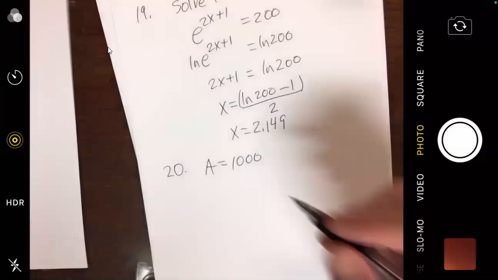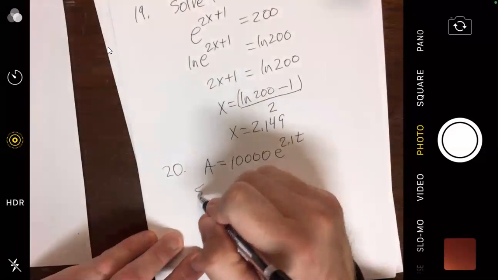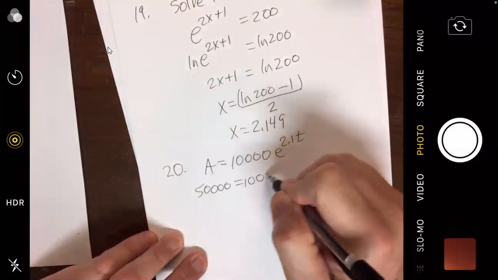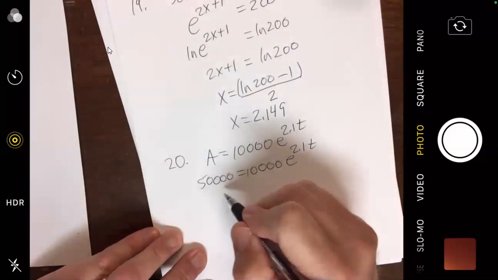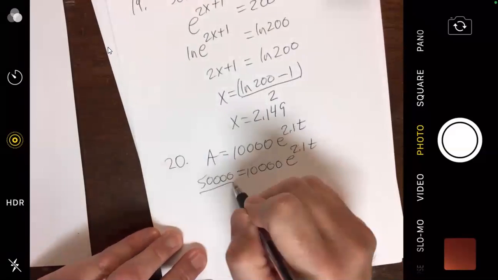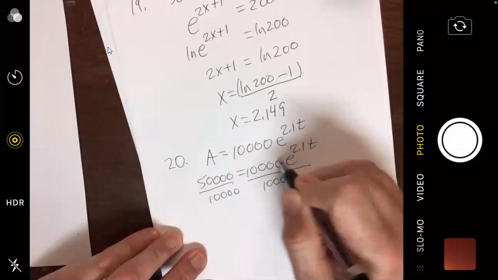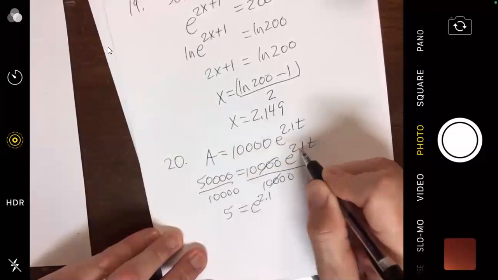Find how long it'll take to do that. 10,000 e to the 2.1t equals 50,000. Go ahead and divide by 10,000. 5 equals e to the 2.1t.